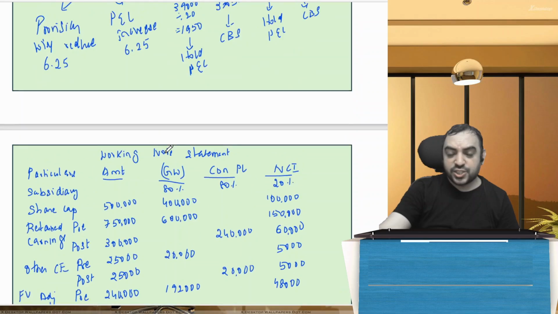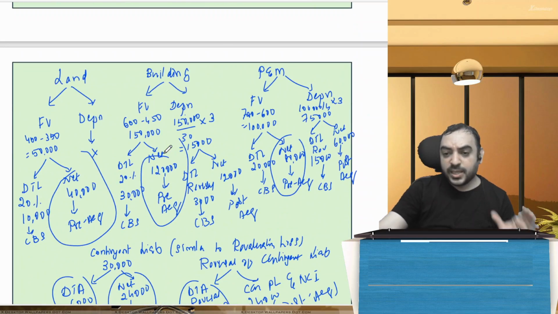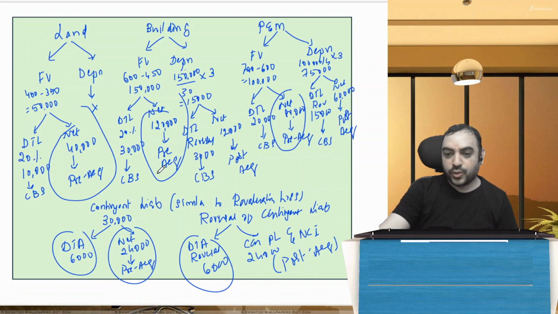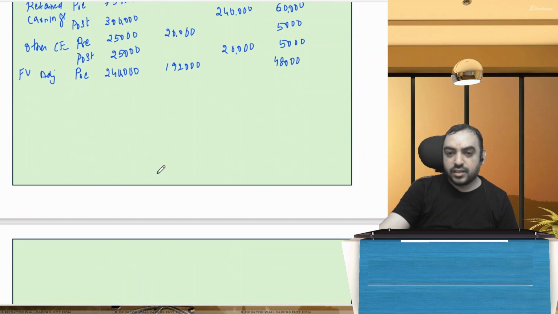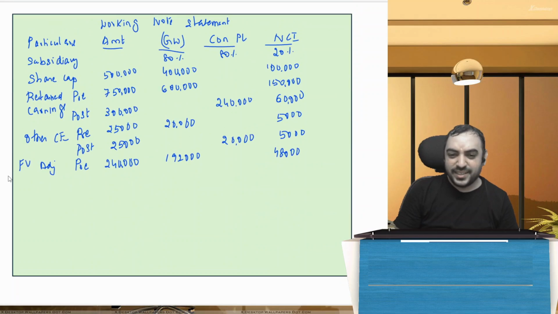Then depreciation adjustment on land will not come. Depreciation on building is 12,000. Depreciation on machinery is 60,000. 12,000, 60,000 net. I can do the 72,000 sum also. I'll do the net amount, hope you understand. Depreciation on above. And remember, this is post acquisition.